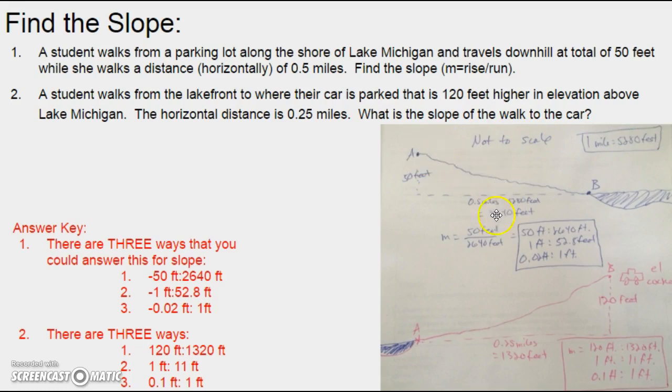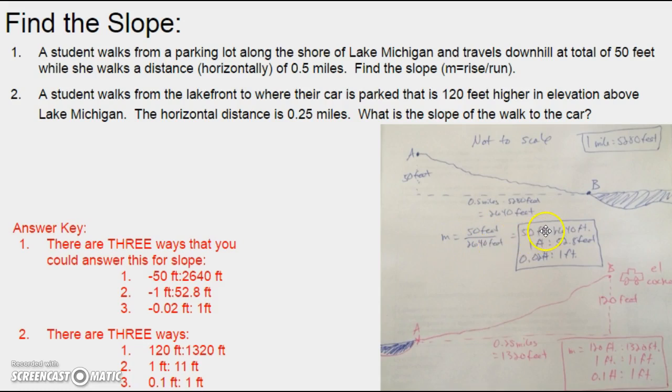So walking downhill, notice it's going to be a negative slope. I didn't put it in here, but I did put it in over here. It's a negative slope. You're walking downhill. You are losing elevation. So a half mile run is going to be 0.5 times 5,280 feet, which is 2,640 feet. So the slope is going to be negative 50 feet over 2,640 feet.